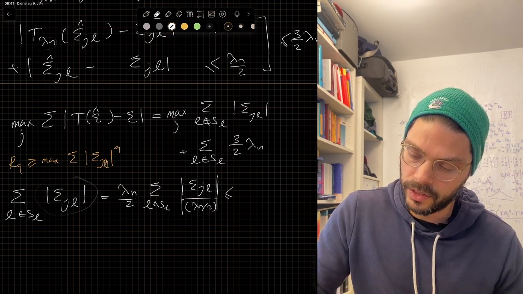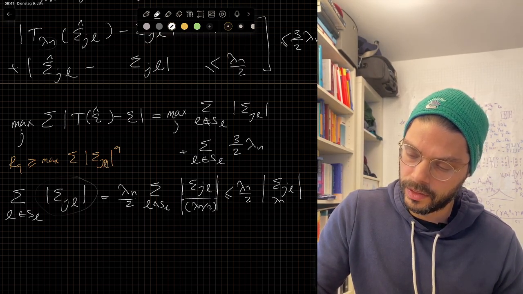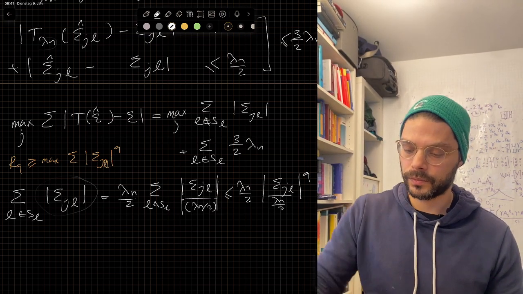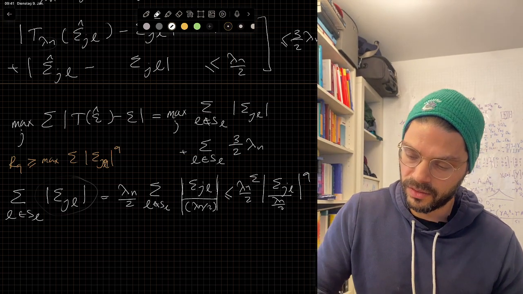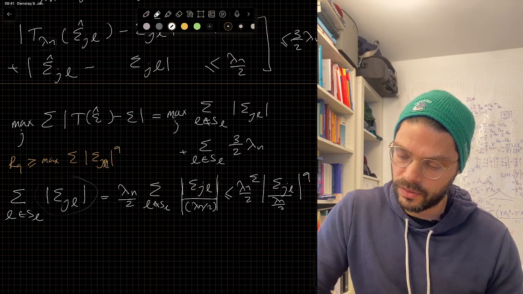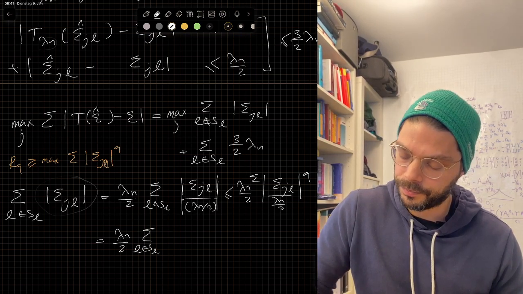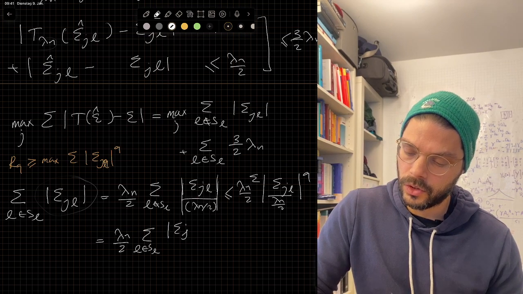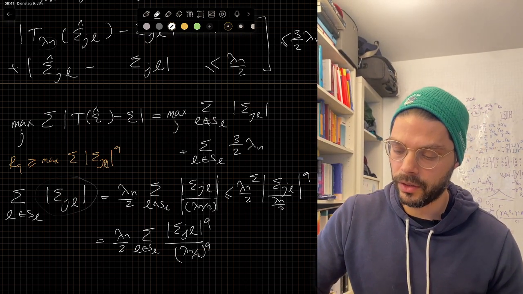So this is going to be less than or equal to lambda n over 2 times the sum of sigma JL over lambda n over 2, to the Q. So let me write that out again nicely: the sum over L not belonging to S of L of sigma JL to the Q over lambda n over 2 to the Q. Okay, very good.